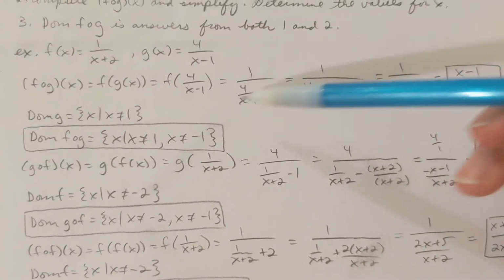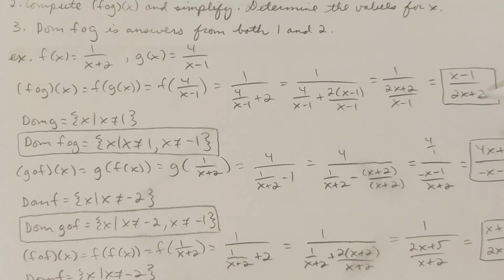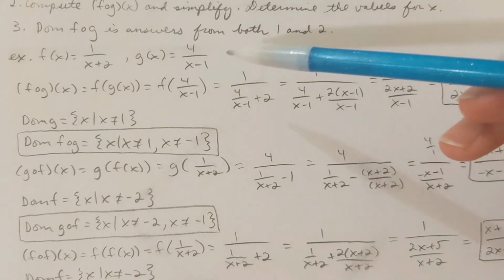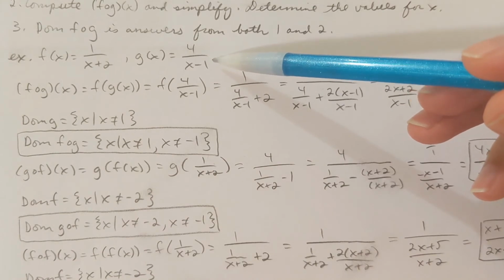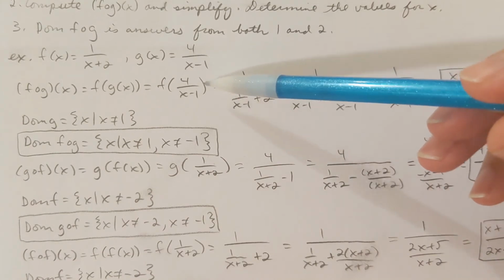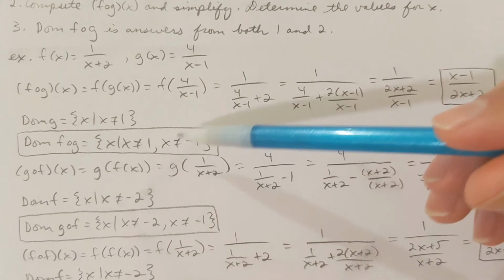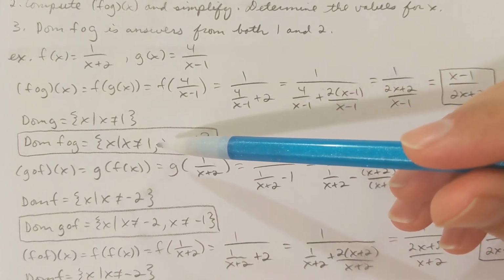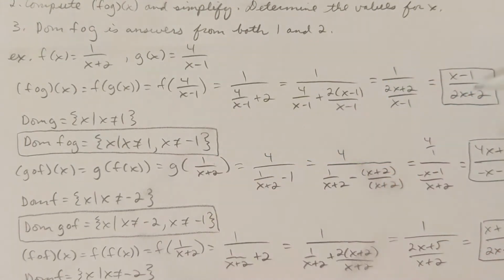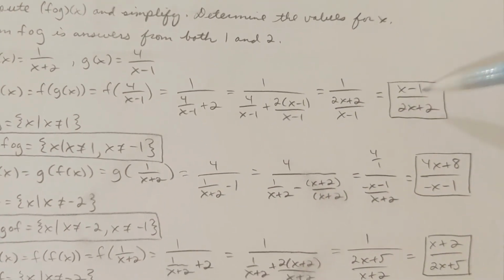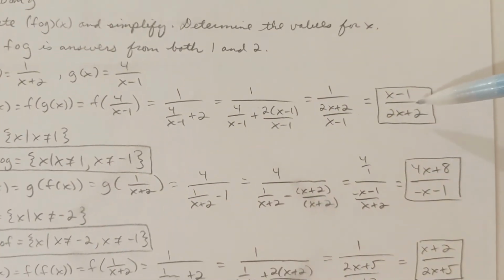Okay, the domain of g is the set of all x such that x is not equal to 1. I can't divide by 0, so 1 is the number that I'm throwing away. The domain of f composed g, I start with the set of all x such that x is not equal to 1, which I've got. And then I'm going to look over here to what I've got circled, that's step 2, and see what I can't divide by.